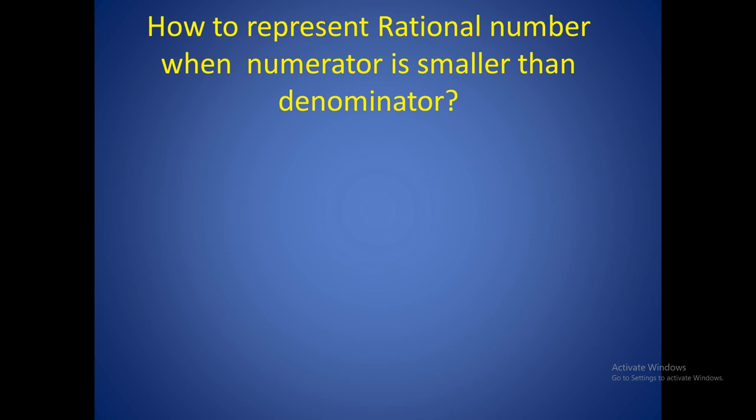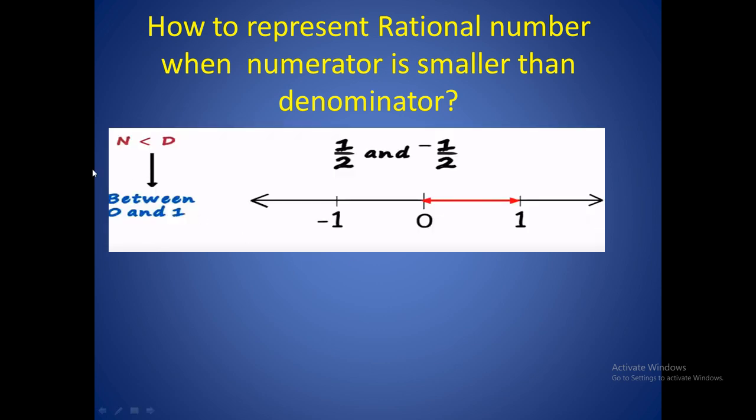So how to represent a rational number when the numerator is smaller than the denominator? When the numerator is smaller than the denominator, that means we have a proper rational number, and we know that all proper numbers lie between 0 and 1. The value of a proper fraction, we read in class 5, lies between 0 and 1.